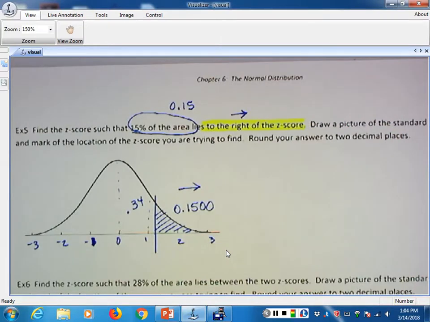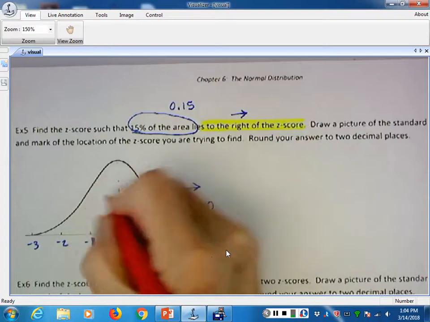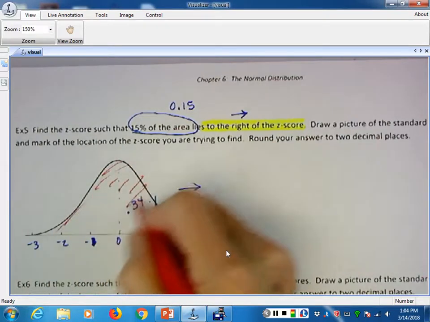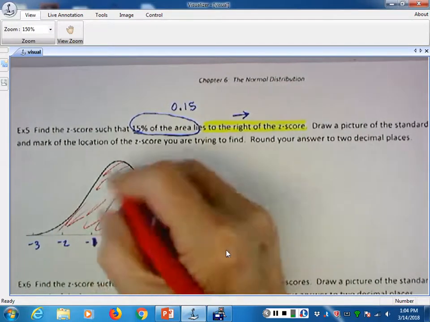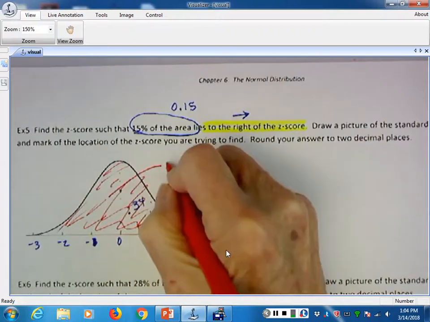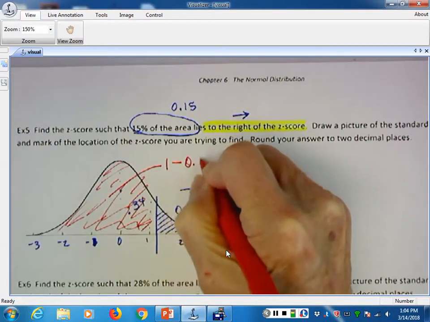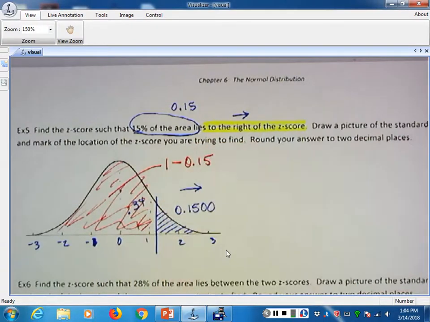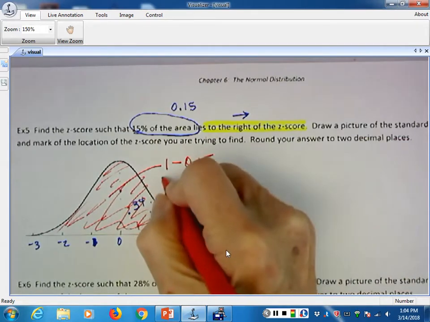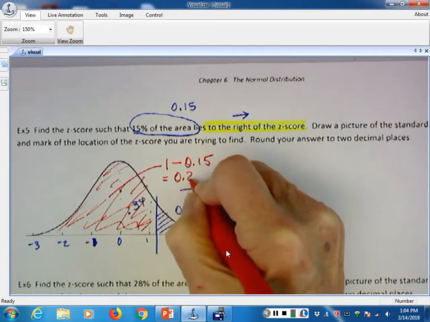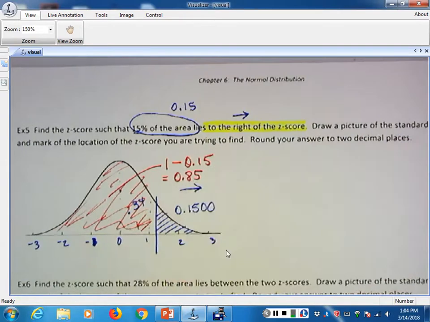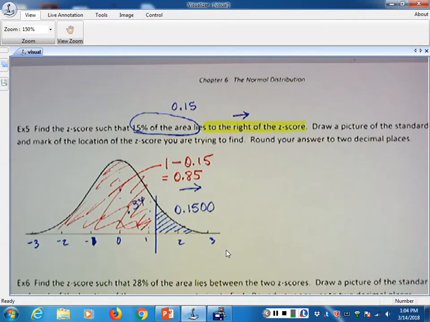So in this case, I know my area to the left, which is what I'm going to have to use for my command, is going to be 1 minus 0.15. And that's actually going to be 0.85. But I can let the calculator figure that out for me, just like I did before. I don't have to do it as a separate thing. I just happen to know that that's what that was.